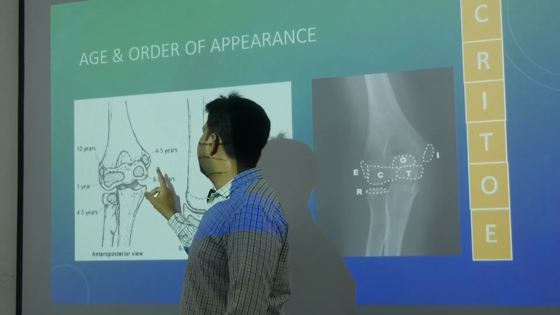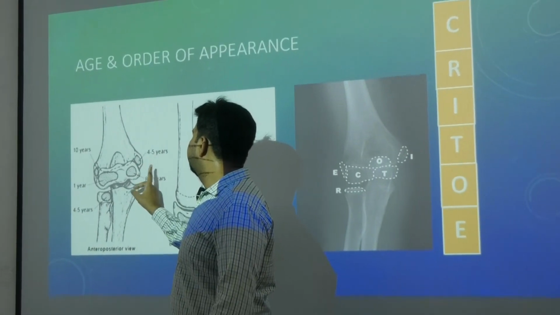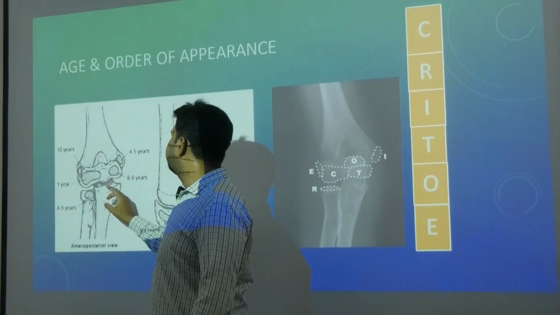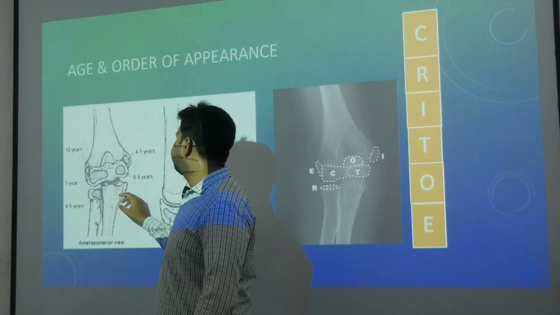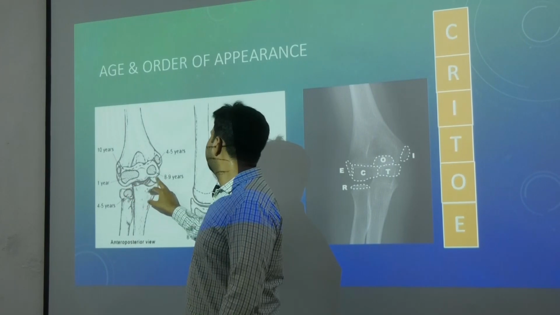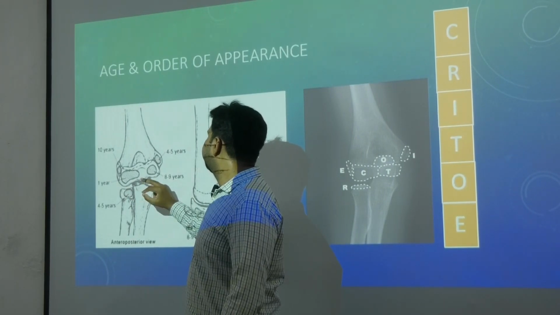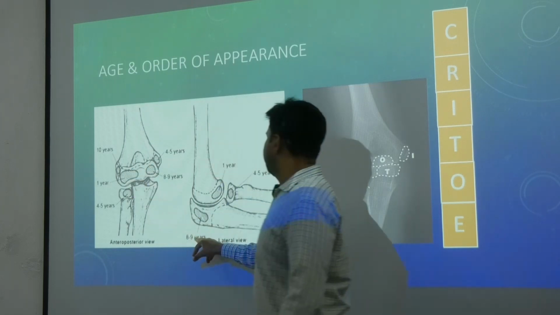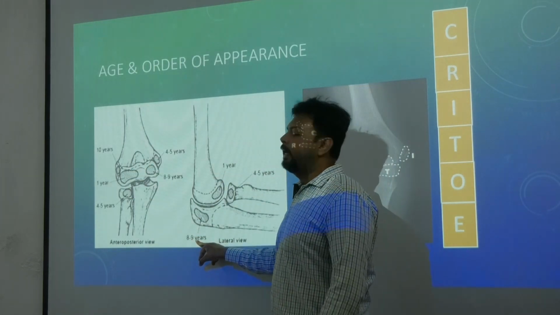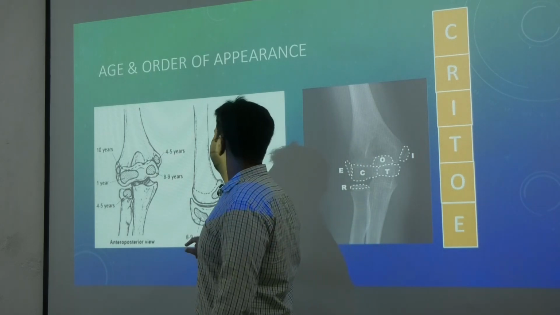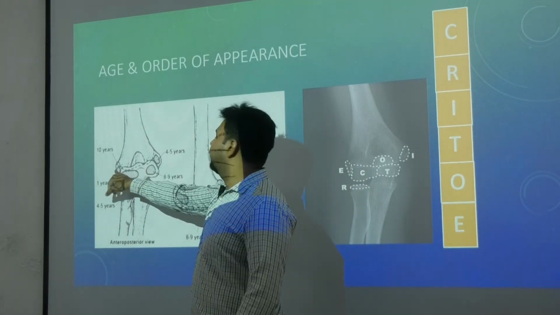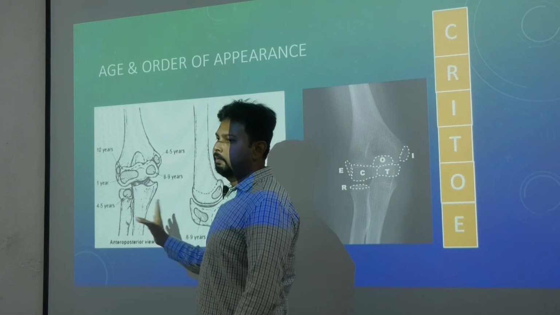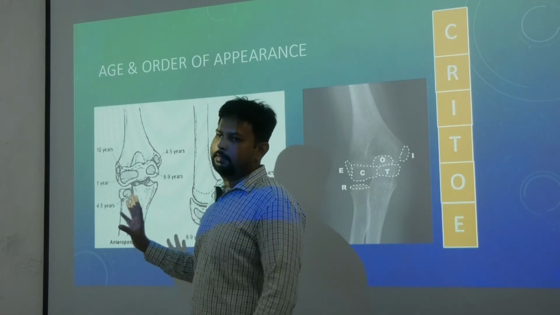Then T is for trochlea. Where is the trochlea? Then O, olecranon process. Then E, external epicondyle, 10 years. This is the mnemonic to remember the appearance.